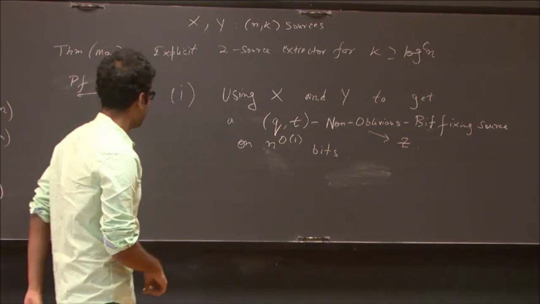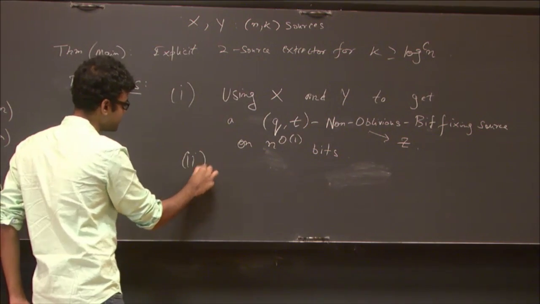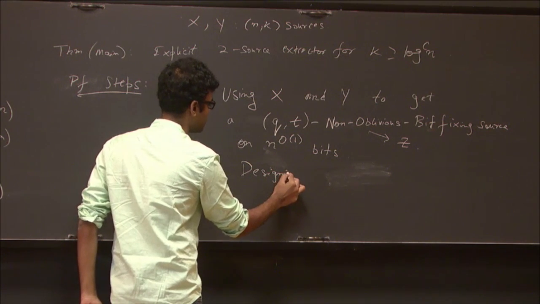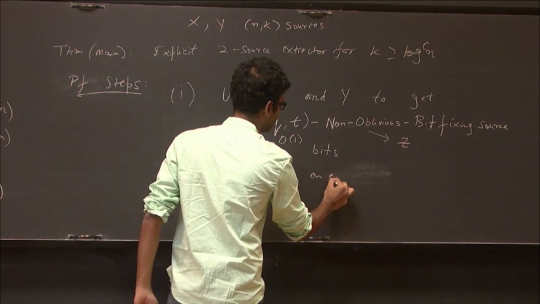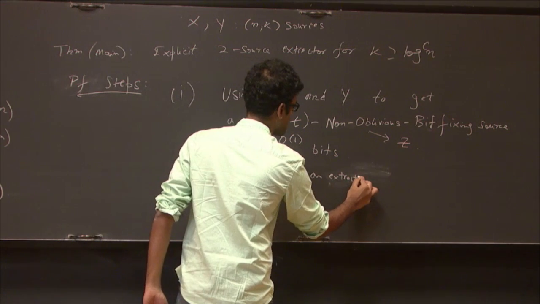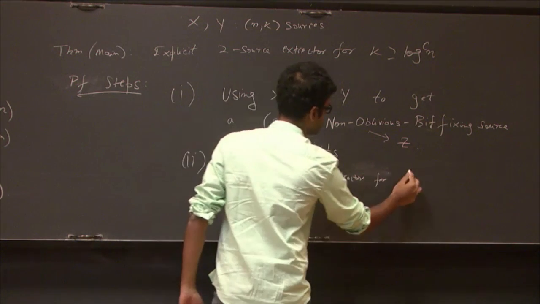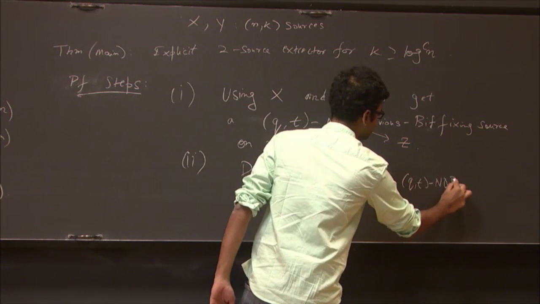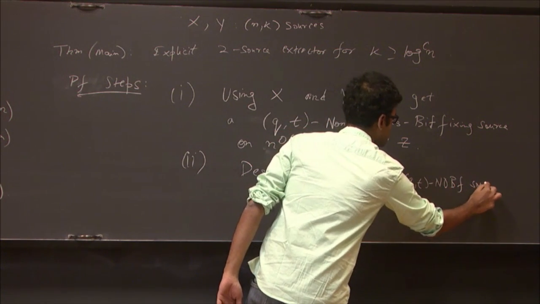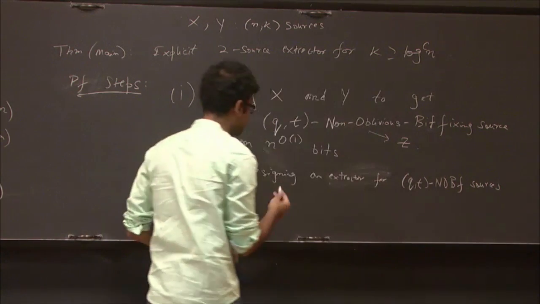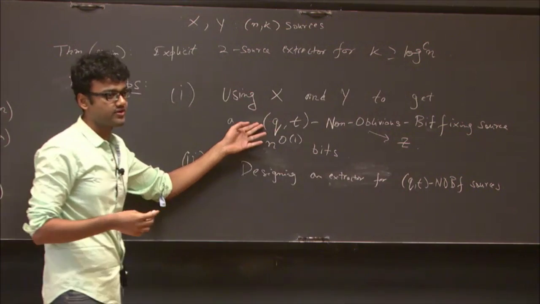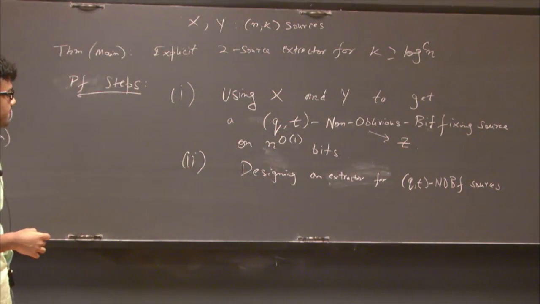Okay. And our second step is designing an extractor, for short I'll write it as (q, t) non-oblivious bit fixing sources, for a certain range of parameters of q and t, which is exactly what we achieve in this step.